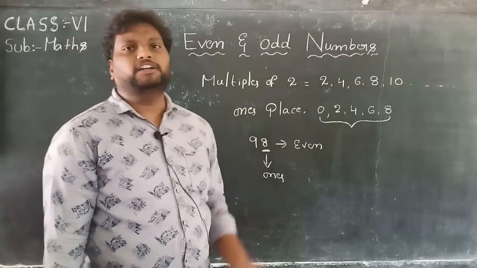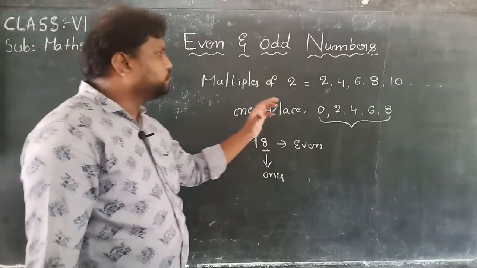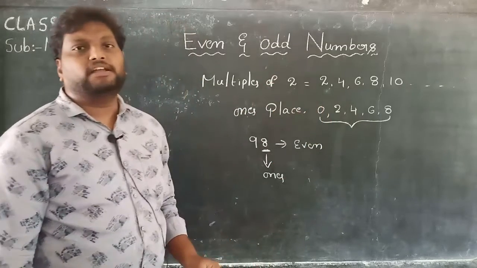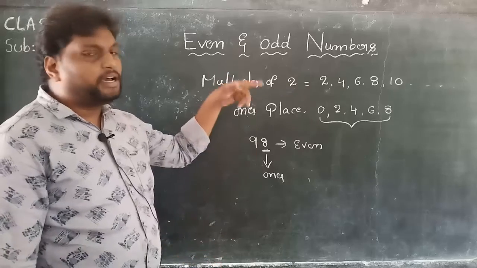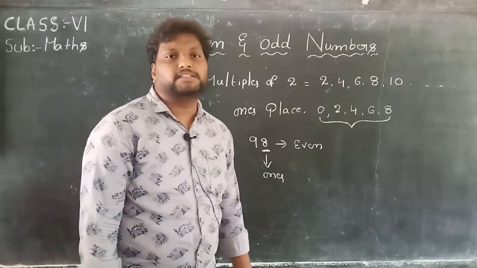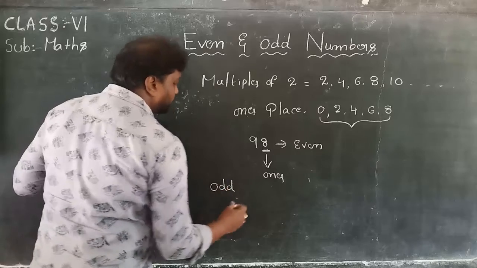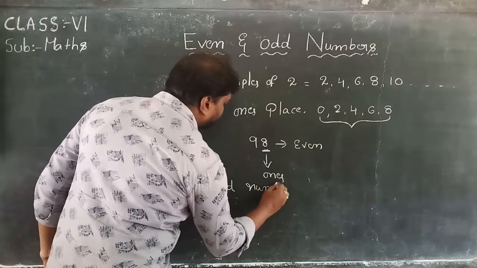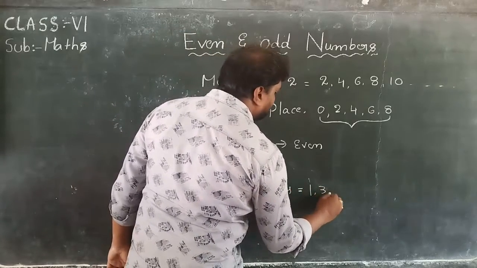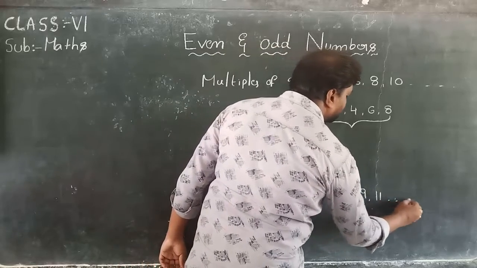Now, odd numbers. Odd numbers are those numbers which, when divided by 2, give remainder 1. For example, odd numbers start from 1, 3, 5, 7, 9, 11 and so on.